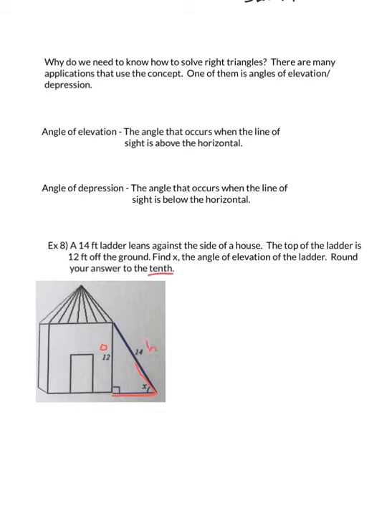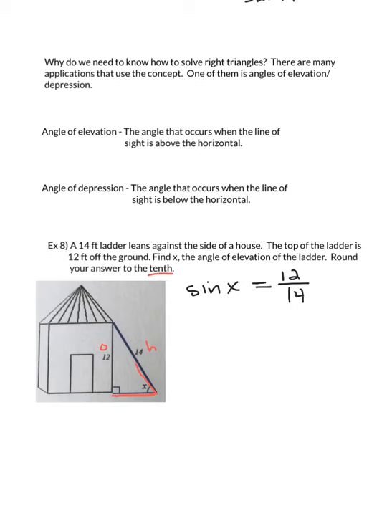What trig function does that require? That requires the sine. So we are going to set up a relationship where the sine of angle X, the thing that we are looking for, has to equal 12 over 14.